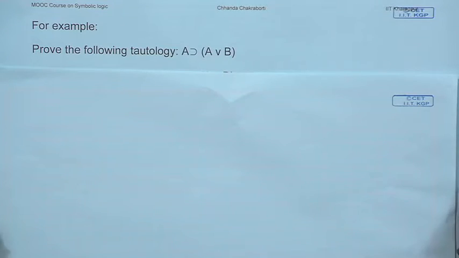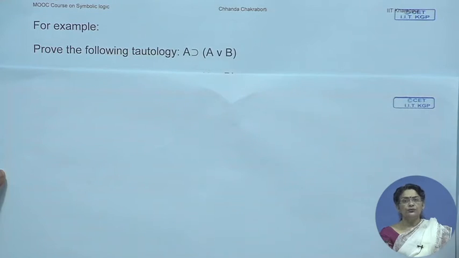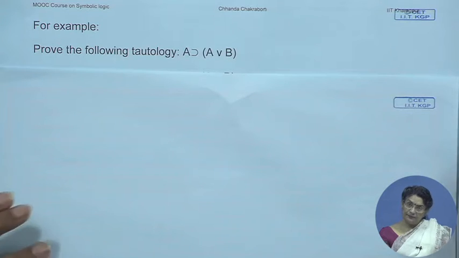So, we will take a look into an example. Suppose we are asked to prove this following tautology: A horseshoe, A wedge B. That is a tautology. If you are in doubt, do the truth table to see whether it is a tautology or not. The question is, we are going to prove that, right?